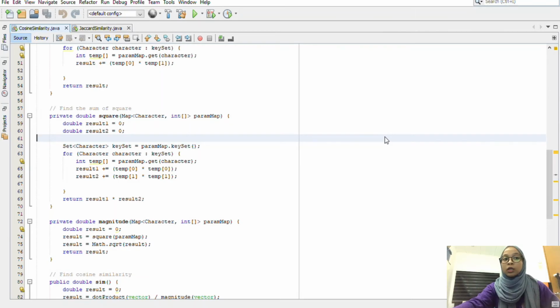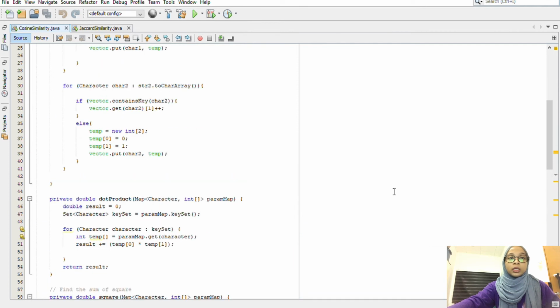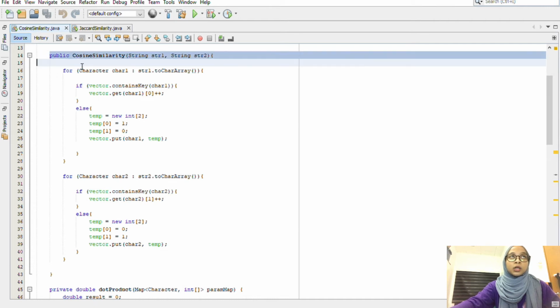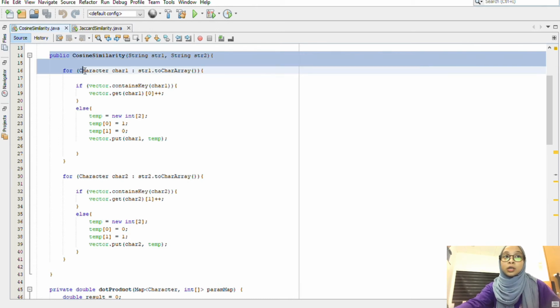So, for our lexical text similarity model, for cosine similarity, I can show you our coding. Okay, this part, the cosine similarity method, is for the characters that we entered as input.